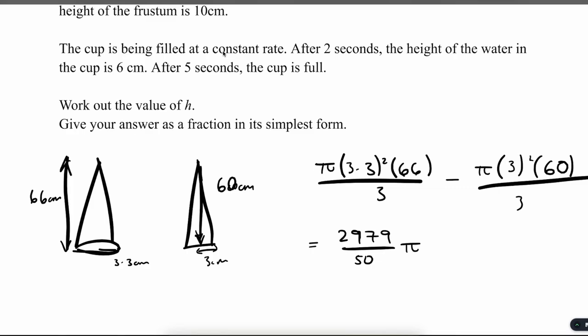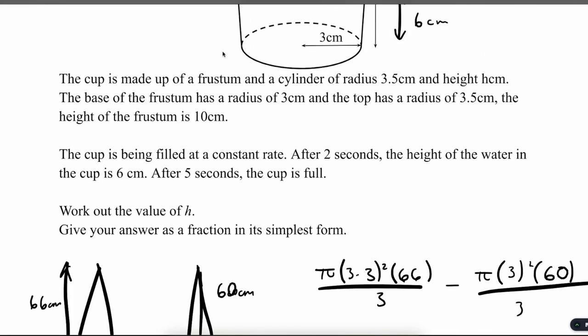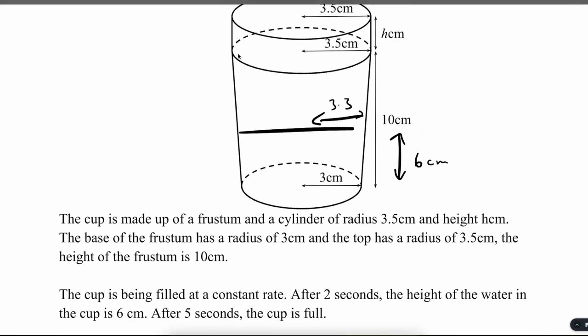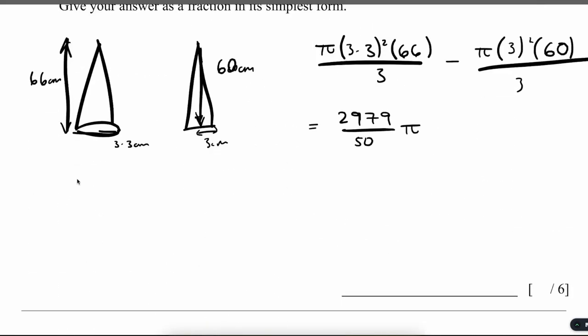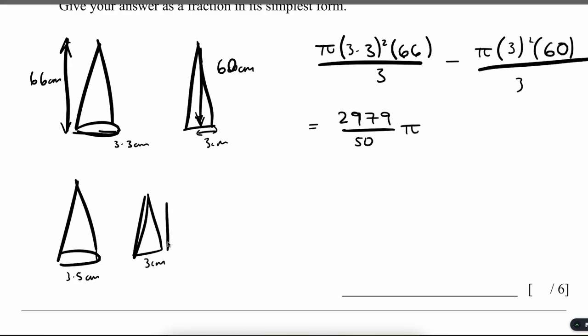Alright. After 5 seconds, the cup is full. So let's do the second one. The second one is another frustum. This time, the larger cone has radius 3.5 centimeters. The smaller cone is still the same size. It's 3 centimeters by 60. This time, the height of the larger cone is 70 centimeters.